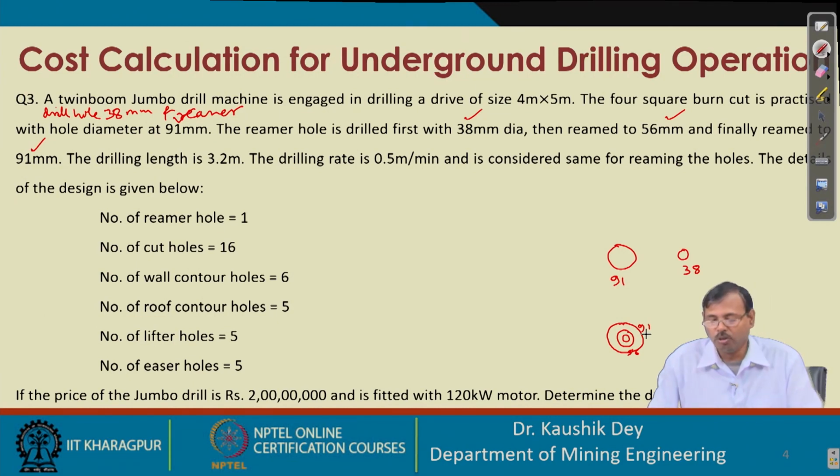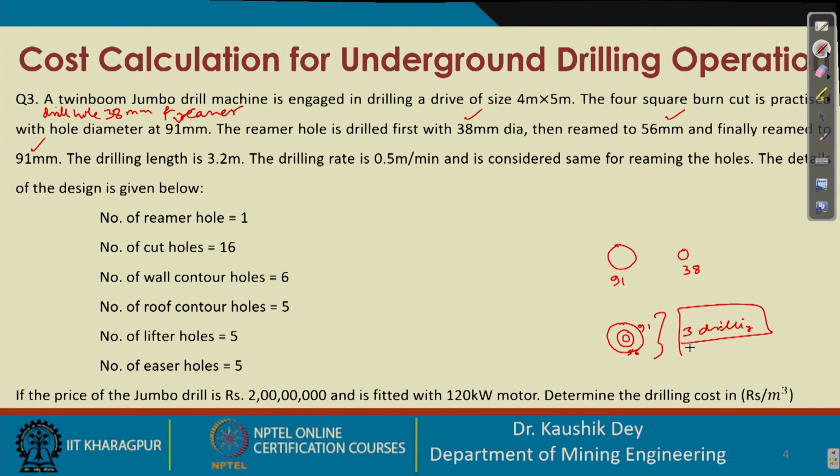So, the same drill hole is basically drilled thrice. As it is drilled thrice, it is taking time equivalent to the drilling of 3 holes.